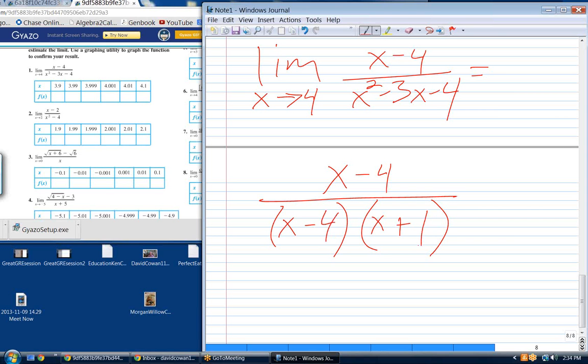One clue, when you're in calculus and you're given problems like this, one of these factors is going to be the numerator, x minus 4. So if you want a shortcut way of factoring it, just assume that x minus 4 is one of them, and then finding the other one is easier. Once we factor it, we can cancel that with that, and we're left with 1 over x plus 1. Now, as x goes to 4, this goes to 1/5. So our 0 over 0 turned into 1 over 5 after we factored it.